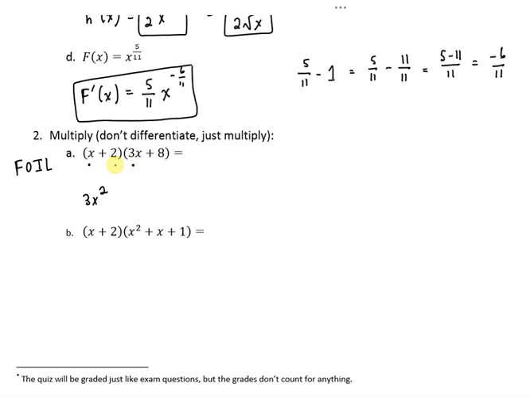The outside ones are x and 8, so I get plus 8x. The inside ones are 2 and 3x, so I get 6x. And the last ones are 2 and 8, so I get 16. When I add my like terms, I get 3x squared plus 14x plus 16.